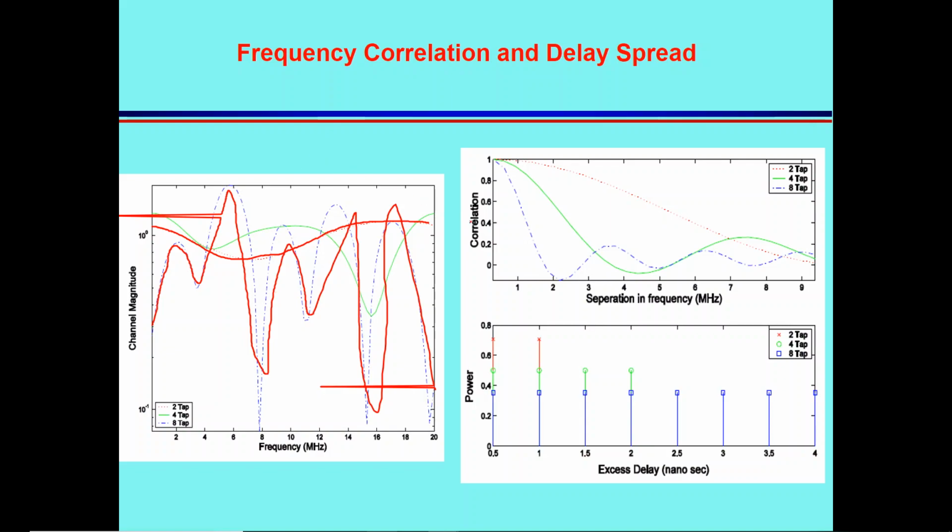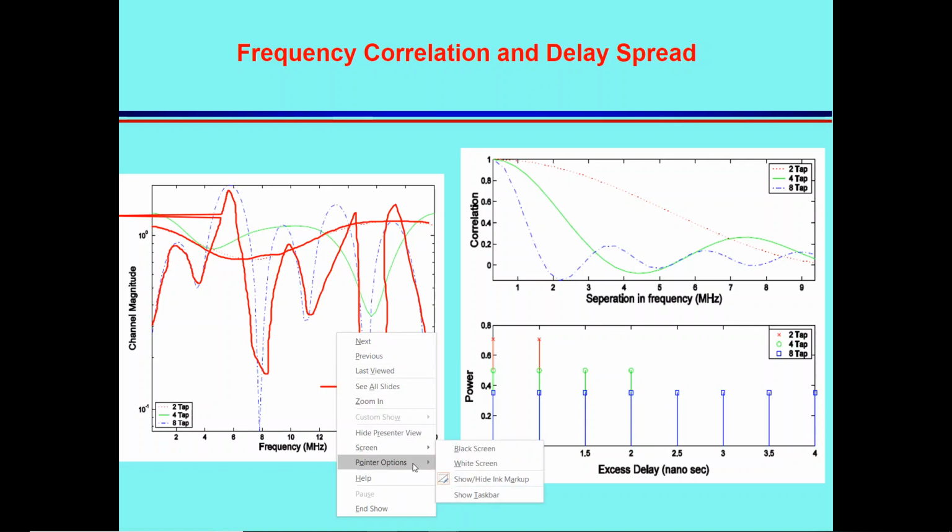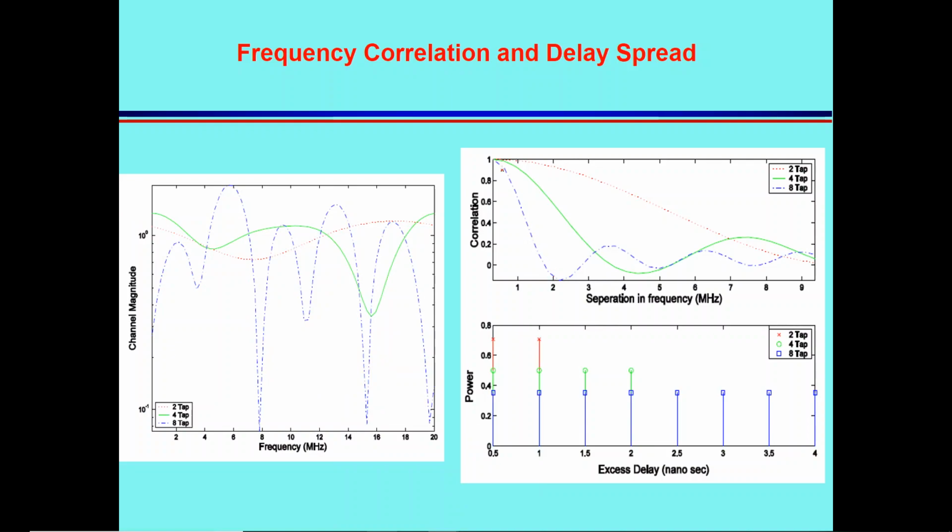To check that, take the autocorrelation function of these channels. When you take the autocorrelation function of the blue, what do you get? The autocorrelation function at lower frequency values becomes independent, uncorrelated.